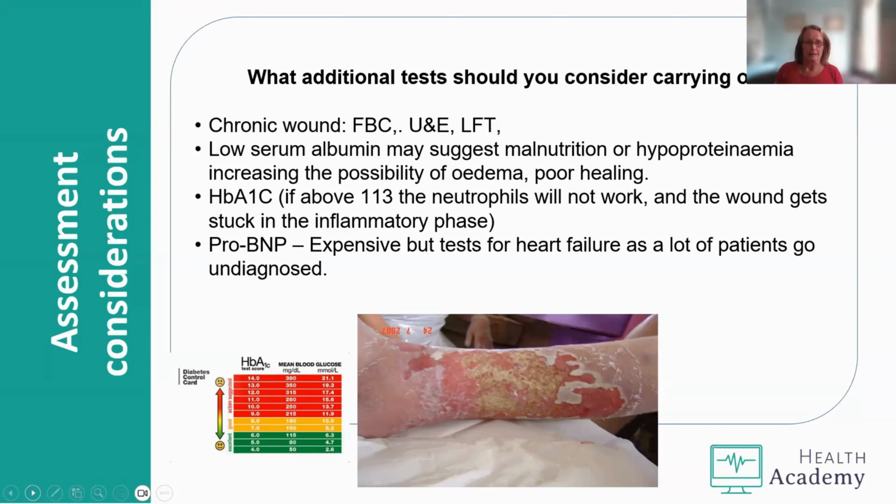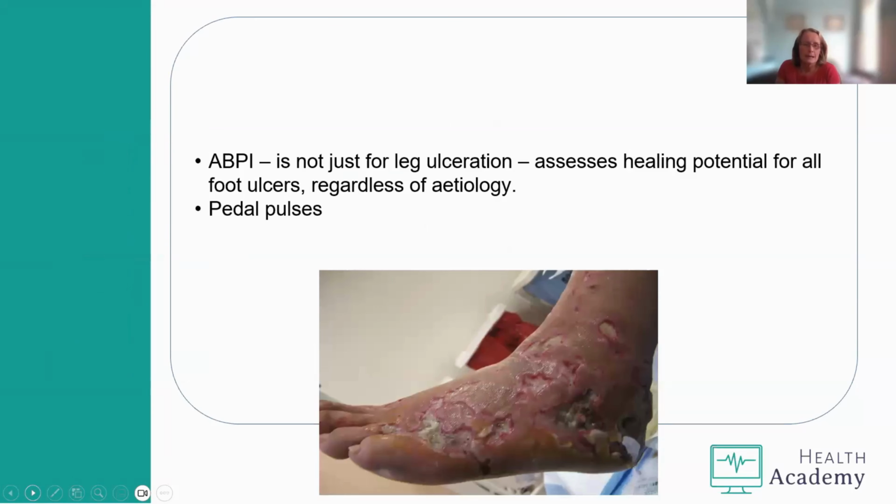Are we actually also, and I know the pro BNP, which is for heart failure, is an expensive test, but the statistics are that about 30% of patients with heart failure go undiagnosed, and that heart failure could have an element that is affecting their ability to heal. Are we doing ABPIs?